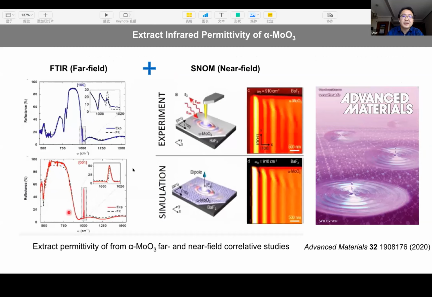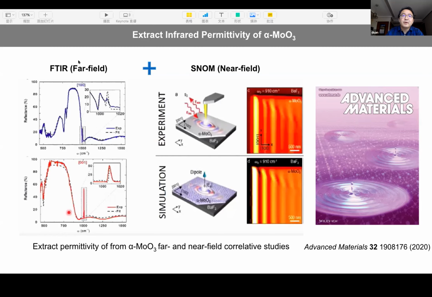So we developed this method. We combined FTIR and near-field measurements to extract the accurate values of the permittivity of molybdenum trioxide. It should be noted that if we only use FTIR, because the molybdenum trioxide is quite small, the signal is quite weak, and also FTIR is not so sensitive to the imaginary part of the permittivity.